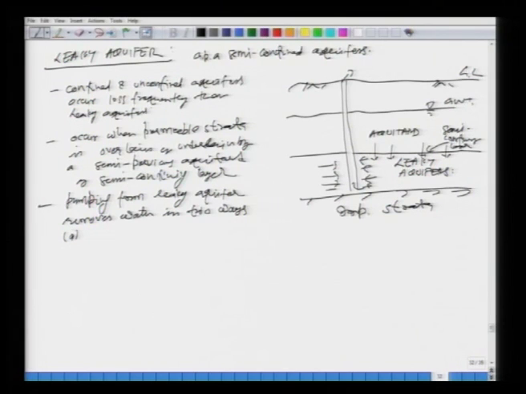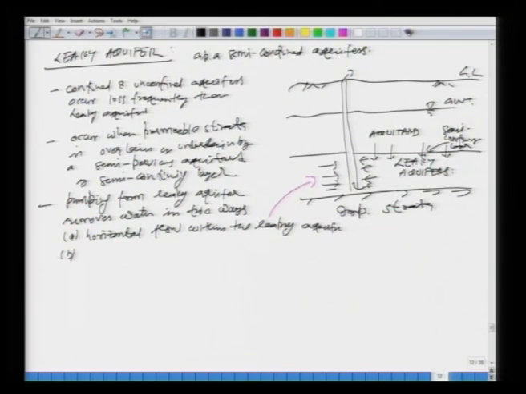One, horizontal flow, as I have shown within the leaky aquifer, which is actually this one.